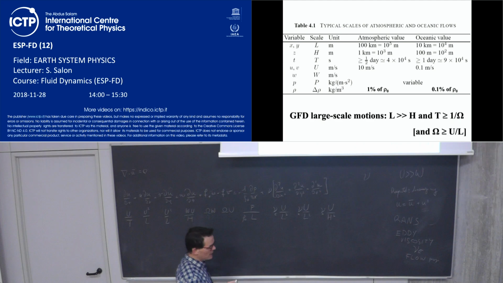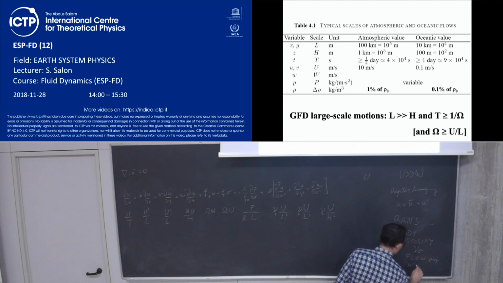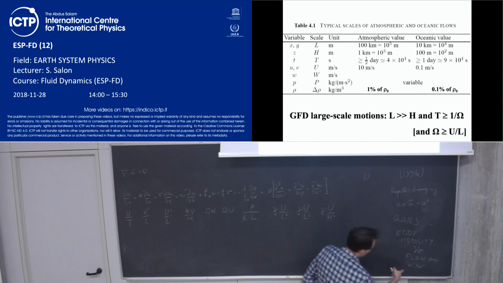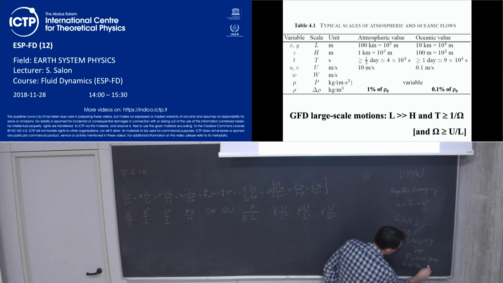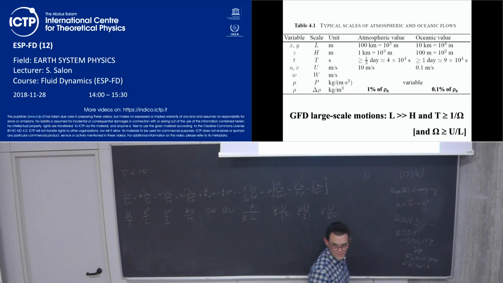Why? Because it is related to correlation. With this expression here, I intend the operation of averaging: the correlation between velocity perturbation in the horizontal and velocity perturbation in the vertical.